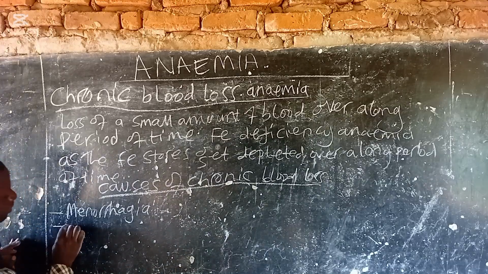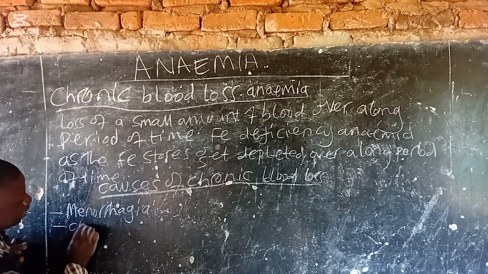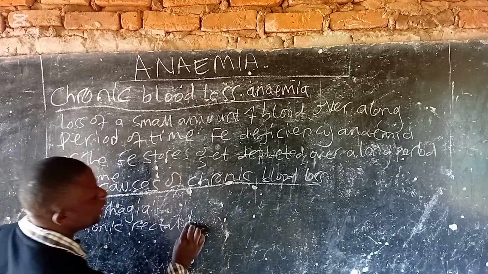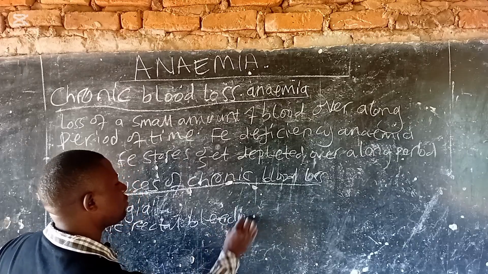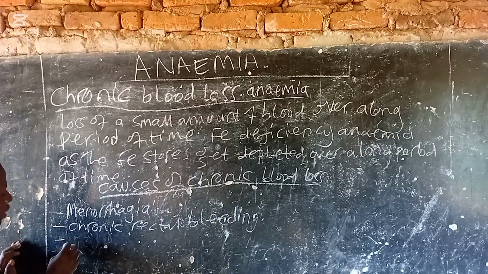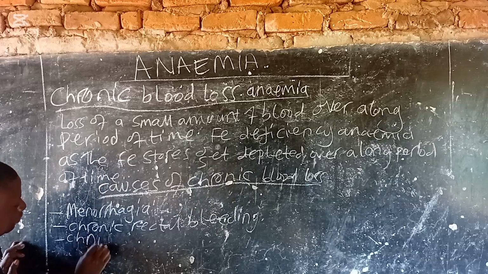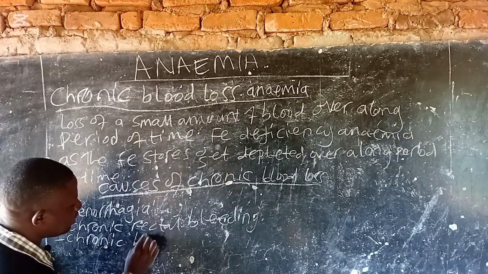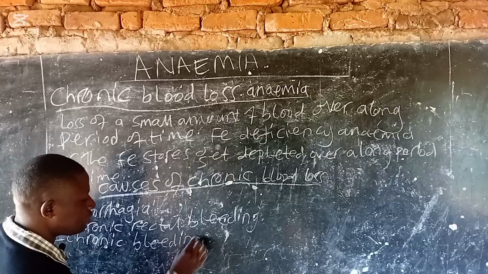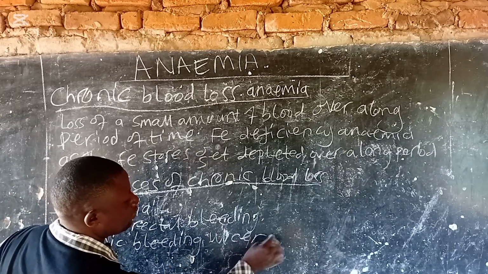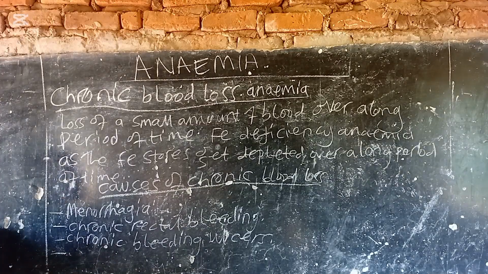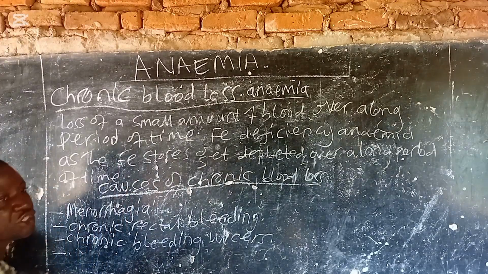Then also there is chronic rectal bleeding. There are chronic bleeding ulcers. Then also there are some parasites. For example, we have trichuris.